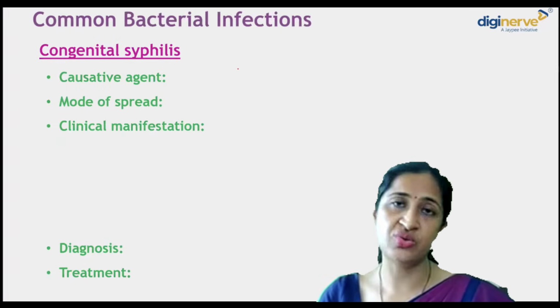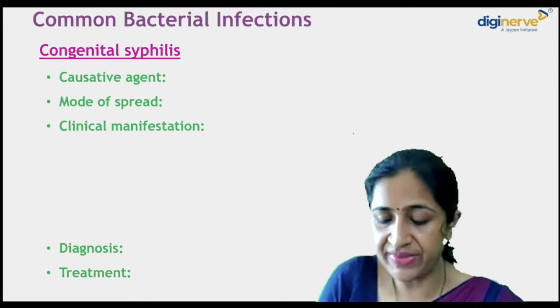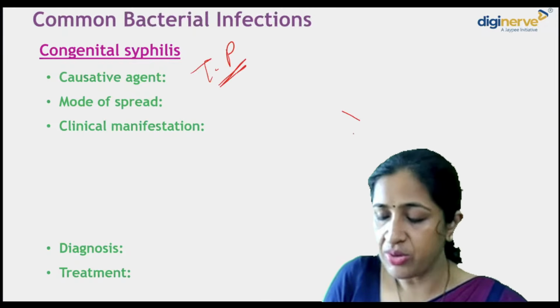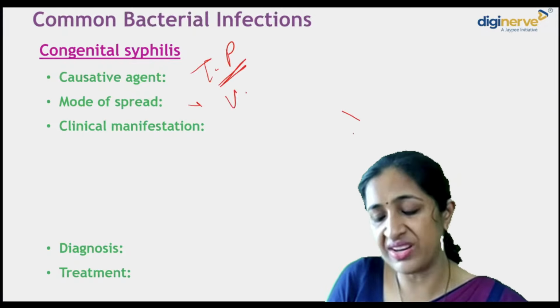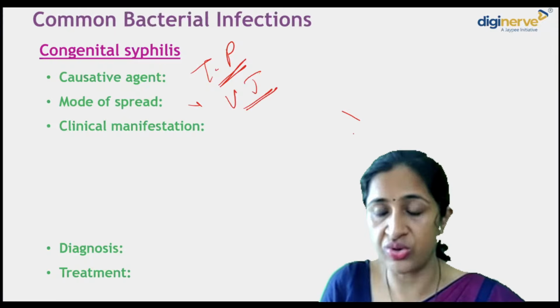Congenital syphilis, you all know this, Treponema pallidum. Mode of spread is usually vertical transmission in neonates.